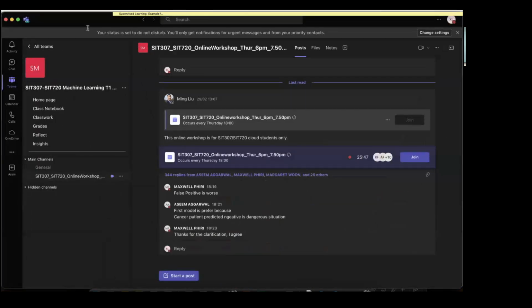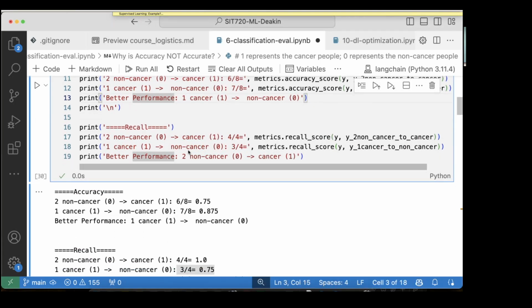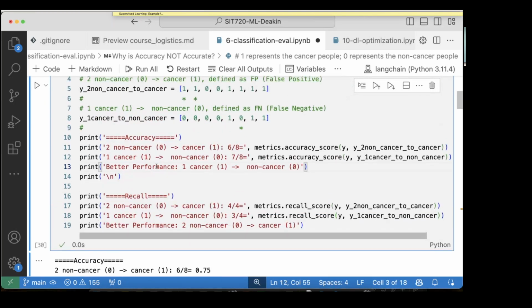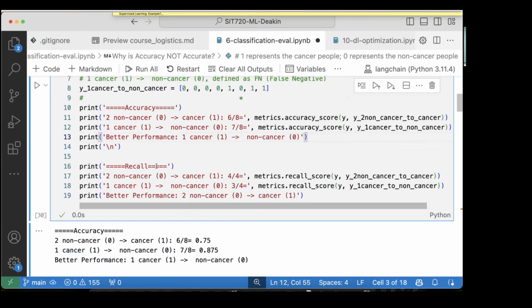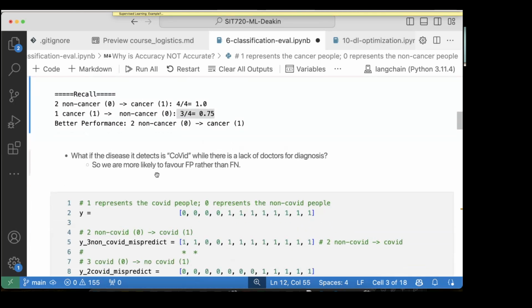That's it. Any question for this thing? Oh, good. This is recall. Actually, you may forget it a few weeks later, but you can always go back to this notebook to recall your memory because it's really easy to forget.